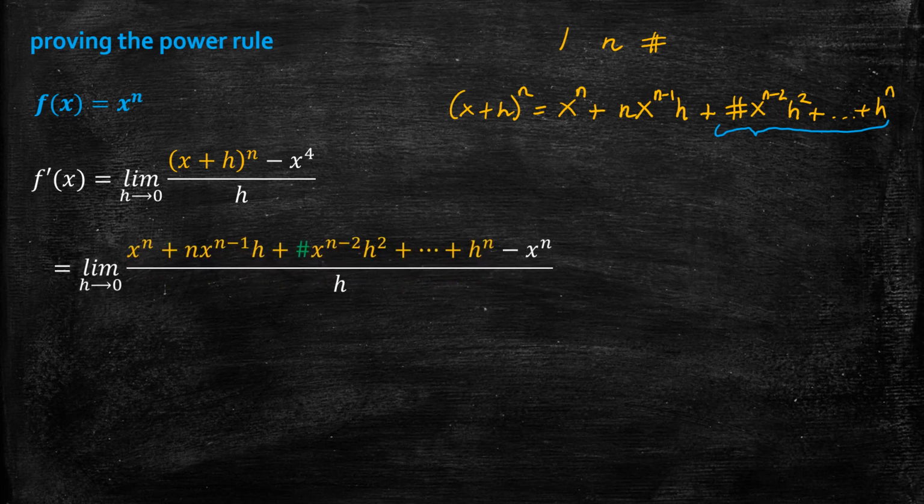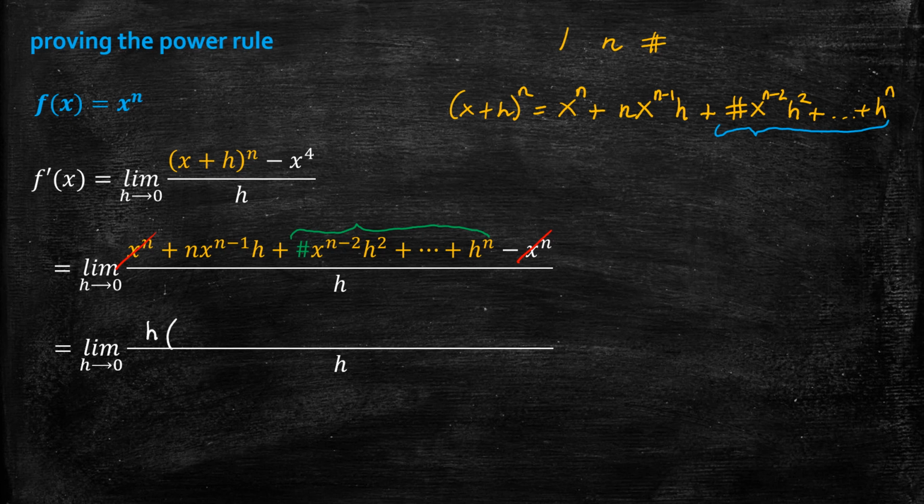So let's work with that. I'm going to expand it, and keep an eye on what happens in the next step from this point to this point. Once again, x to the n cancels, and we are left with a very long expression in the numerator. But notice that all the terms, even the first term, have a common factor of h.